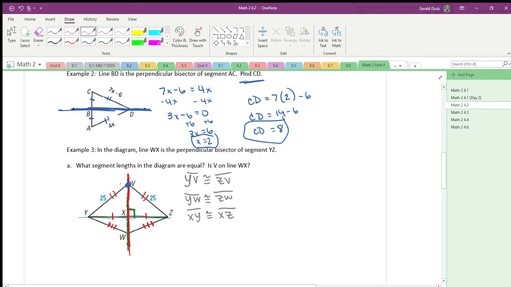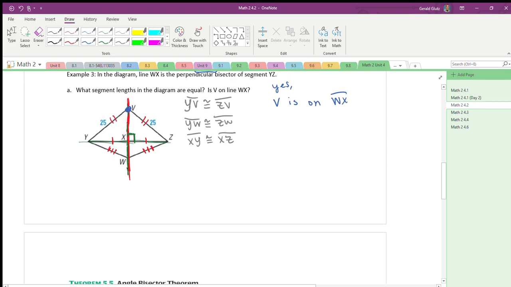Since these two, YV and ZV, are both the same length, that means V has to be part of the bisector. That's going to be important later on in this unit, like when we take the test possibly. So yes, V is on WX.